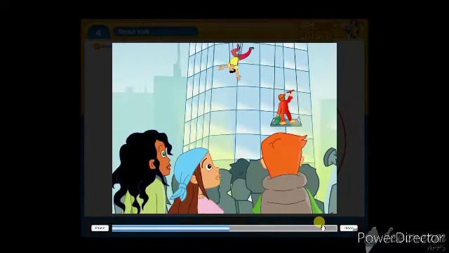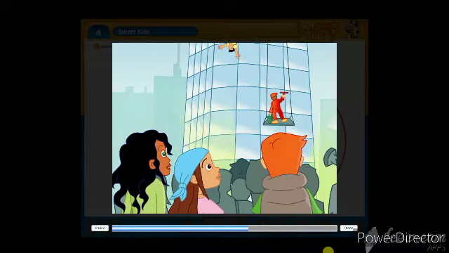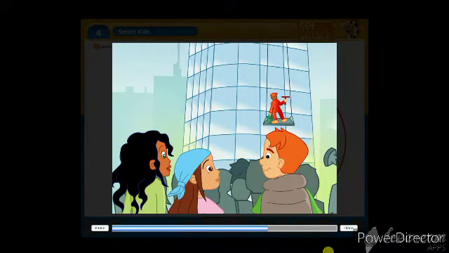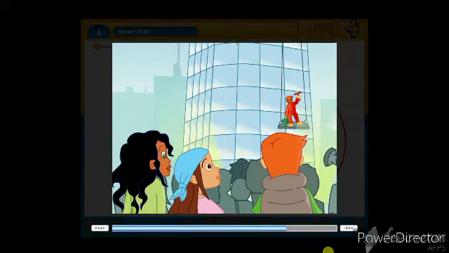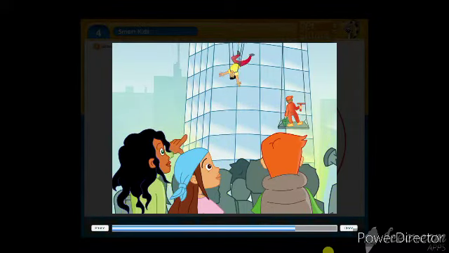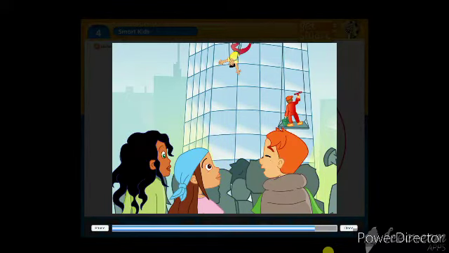Oh yes, look! There's a man who's wearing the same clothes as Freeman. He's a stuntman. A stuntman? Yes, a stuntman is someone who does all the dangerous scenes in a movie. And who's that other man down there? Another stuntman? No, he's just a window washer.